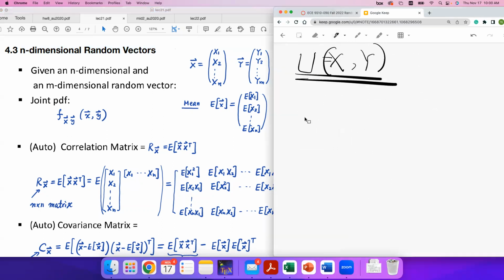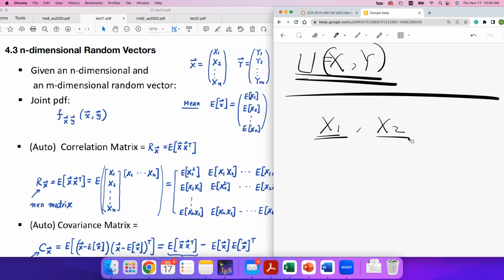In the previous case, when we say two random variables, for example x1, x2, each of them is a single random variable. It's a mapping from omega to a real number. So when you observe the realization of each random variable, it is a single number.